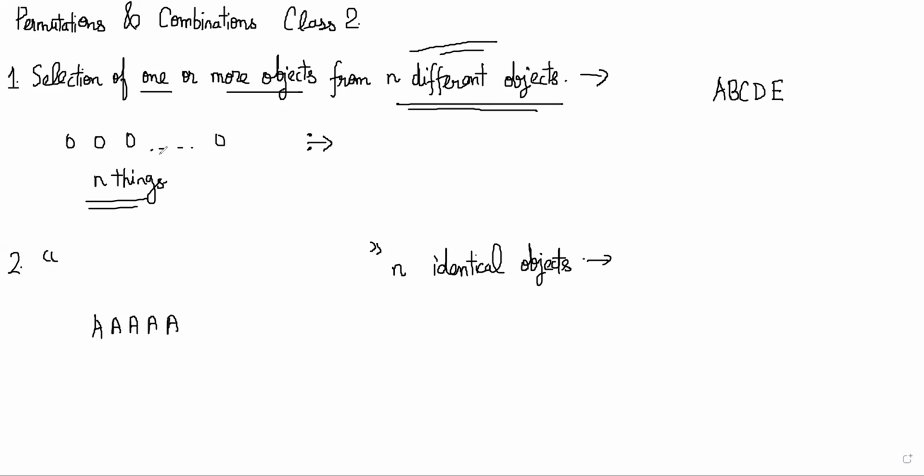No, no. How many ways to select one object out of these n things? It's nC1.